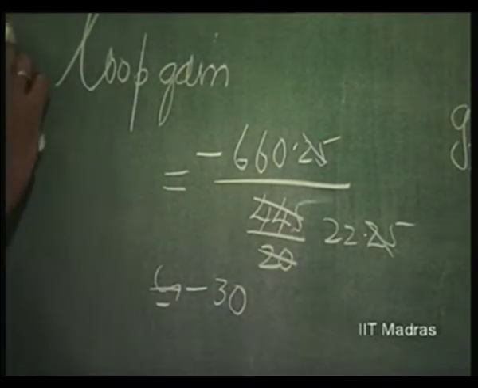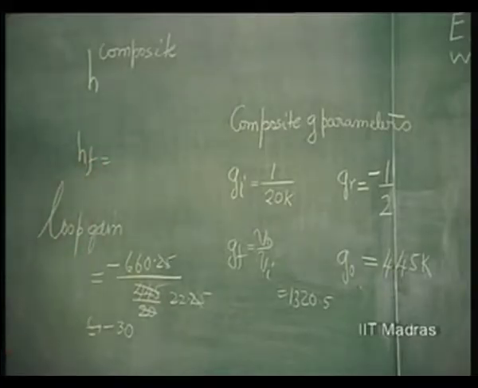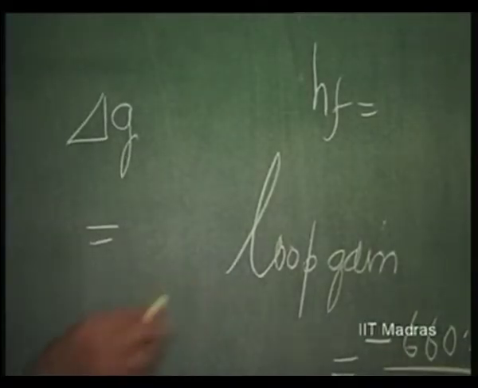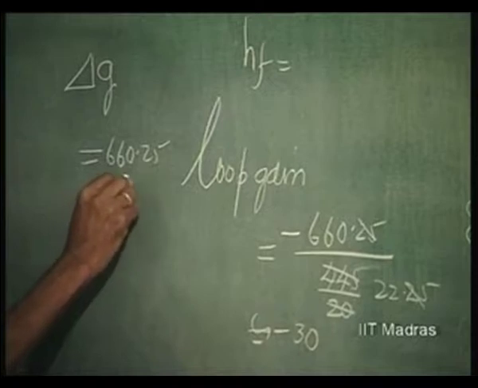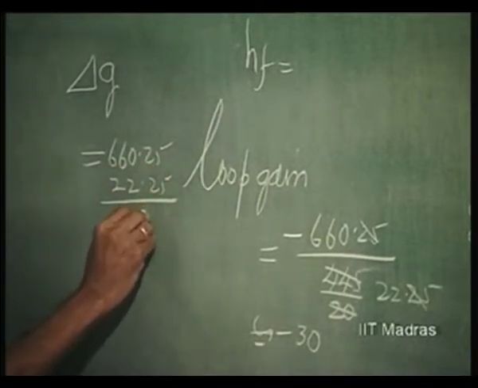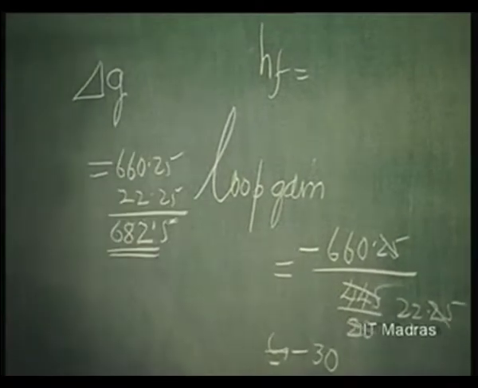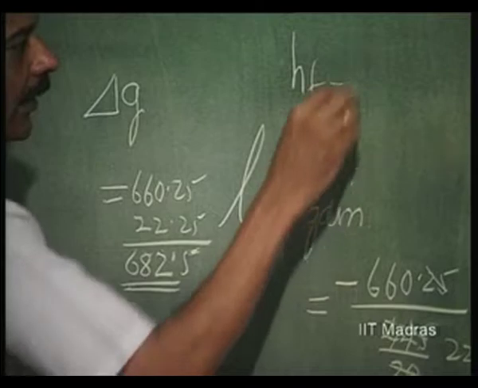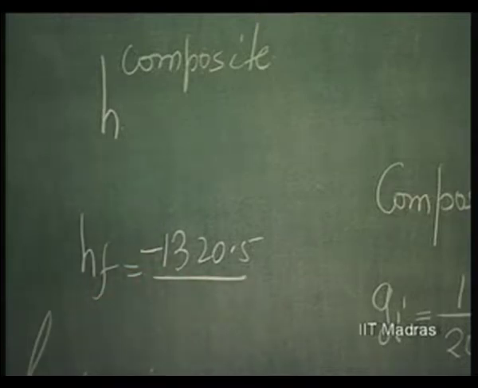Now, we can go ahead with everything that we want to do, H parameter. So, HF first and foremost. Once again we can see here delta G is the modification factor which involves loop gain. So, how much is this? This is 660.25 plus 22.25, which is 682.5, that is delta G. So, this gets modified as 1320.5, with minus sign, divided by delta G, which is 682.5.